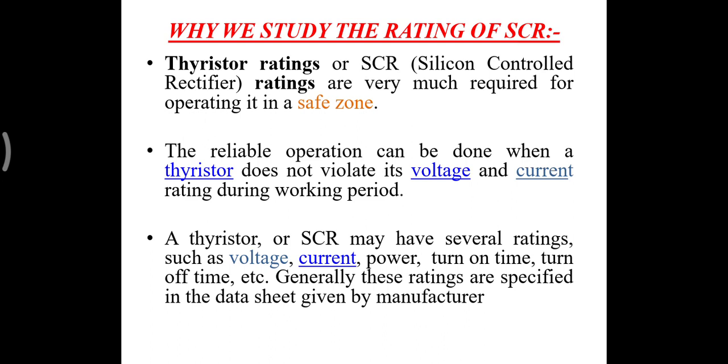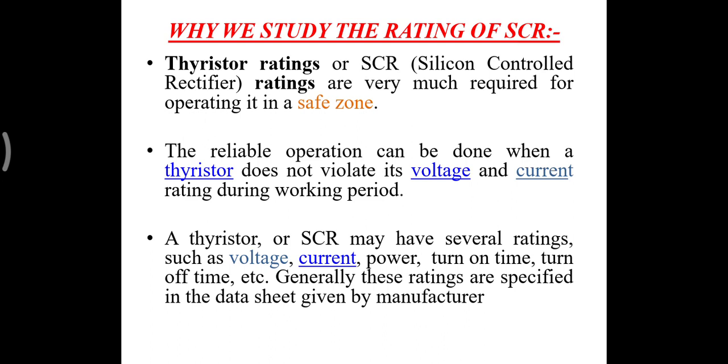In that situation, if any fault occurs, that means a short circuit on the load side, our SCR passes above 10 ampere rated current, and the load side may be damaged. So for safe operation also, we must provide a properly rated SCR for the circuit.